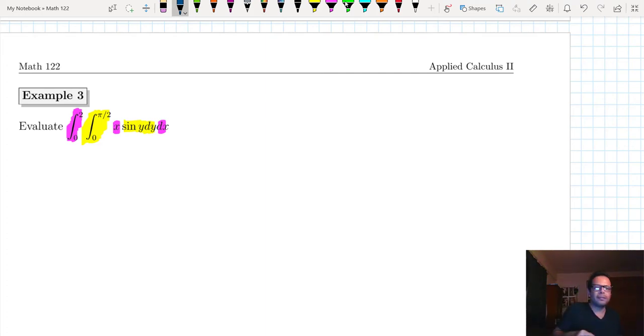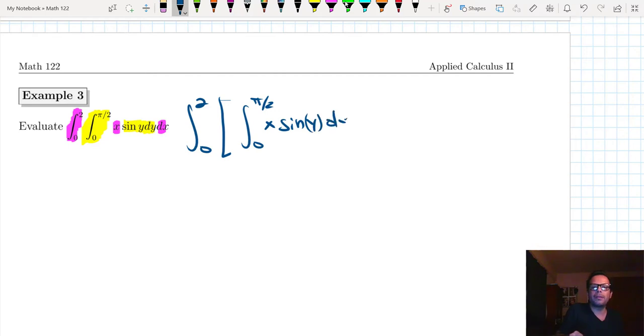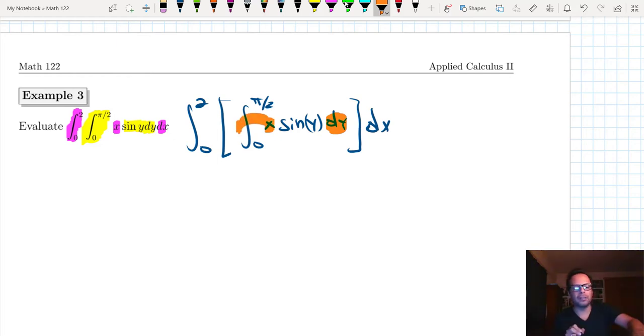So the integral from 0 to 2 of the integral from 0 to pi over 2 of x sine of y dy times dx. Because this integral is with respect to y, I'm going to write x outside of the integral.